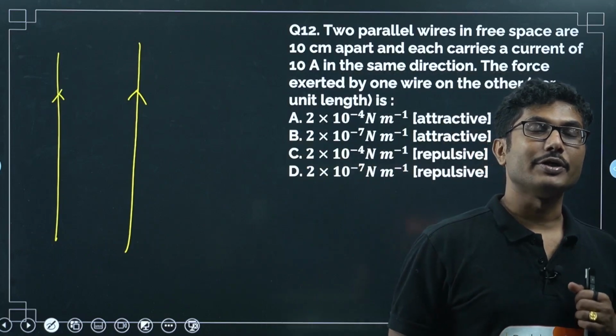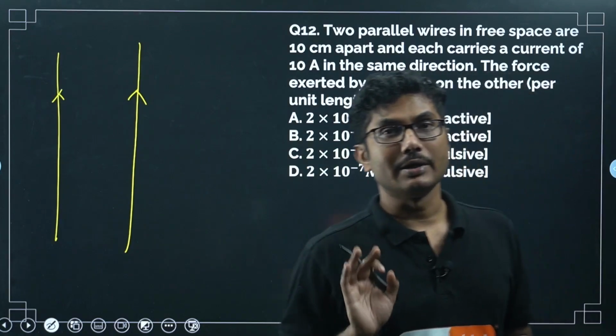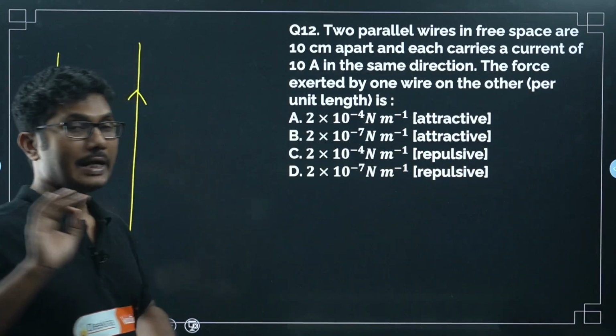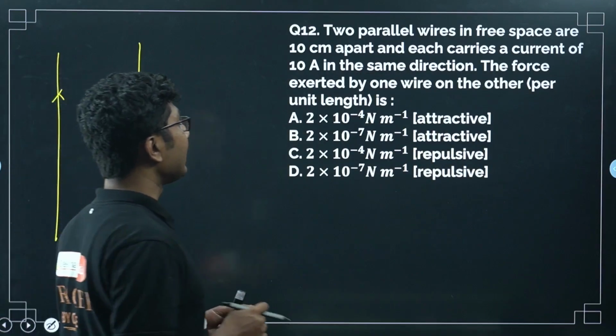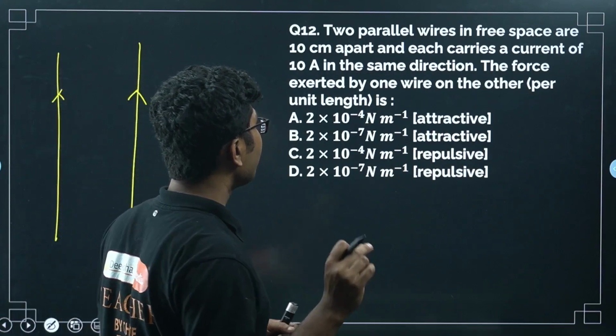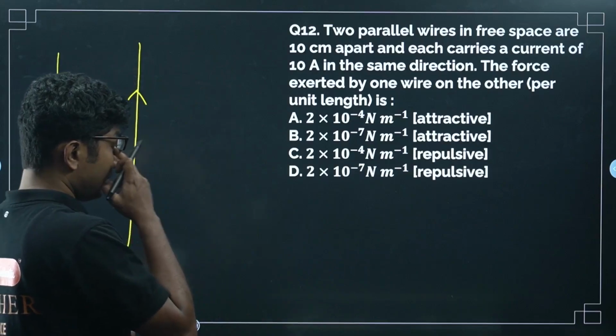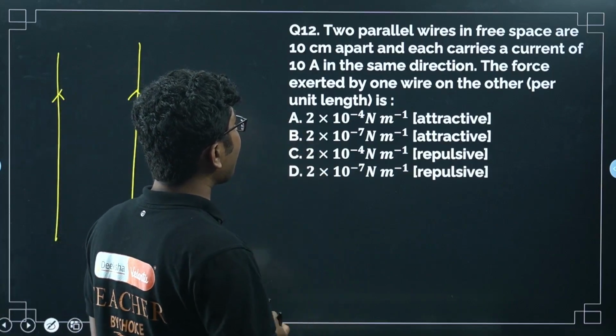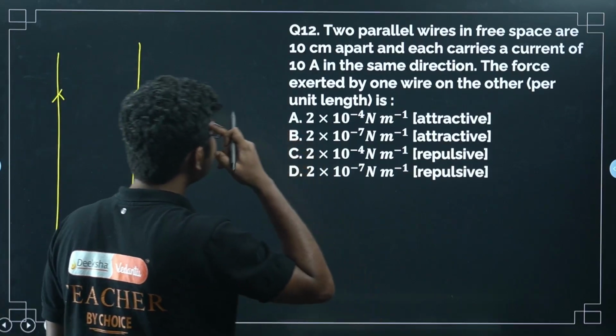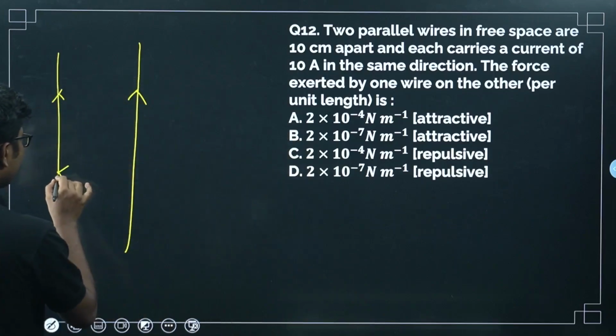If the currents are going in the opposite direction, they are repelling each other. That was a mistake I made while taking the regular class, so I am correcting that mistake here. So two parallel wires in free space are 10 centimeter apart, so the distance is 10 centimeter.